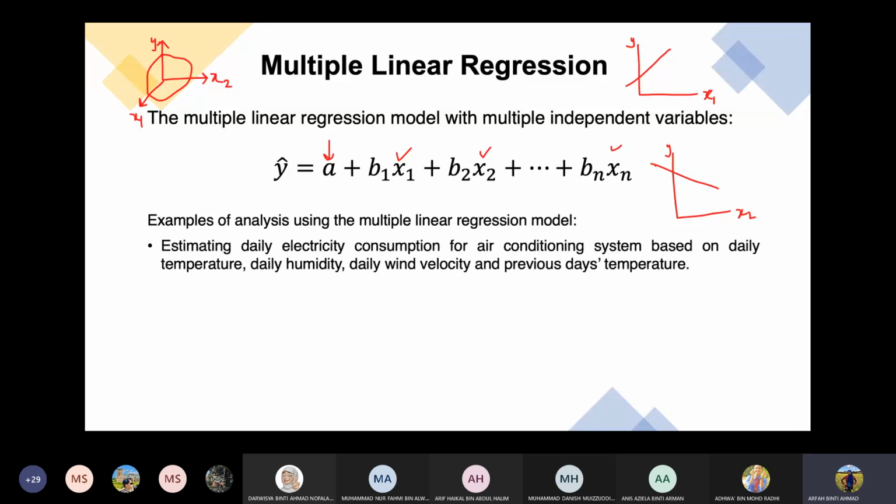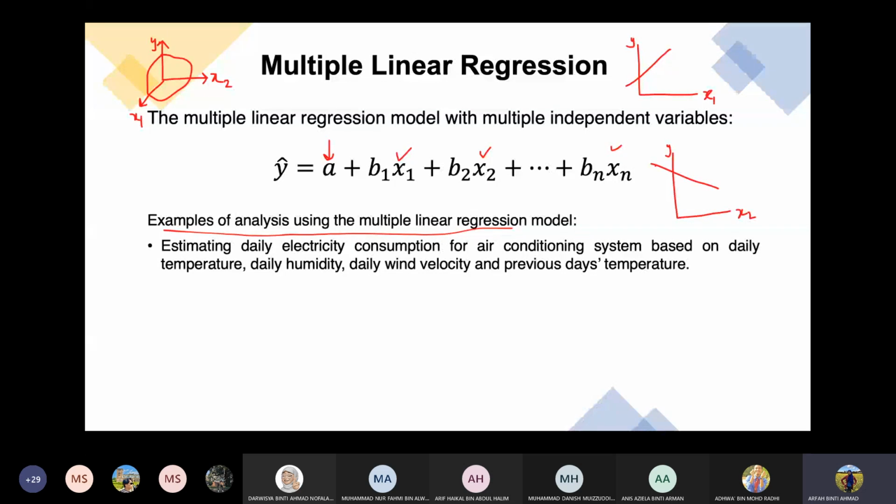So contohnya, example of analysis using multiple linear regression model. So estimating daily electricity consumption for air conditioning system based on daily temperature, daily humidity, daily wind velocity and previous day temperature.